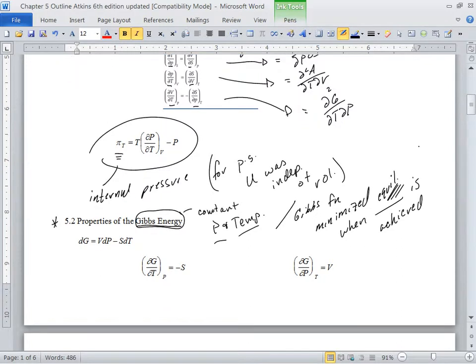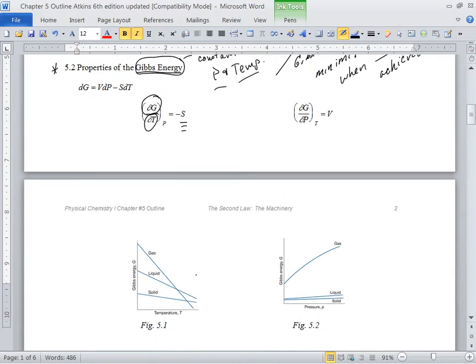Properties of our Gibbs energy. What do we have here? If you plot Gibbs energy and how it changes with respect to temperature, keeping pressure constant, you get entropy. It's supposed to be entropy. And here's the plot of Gibbs energy versus temperature.